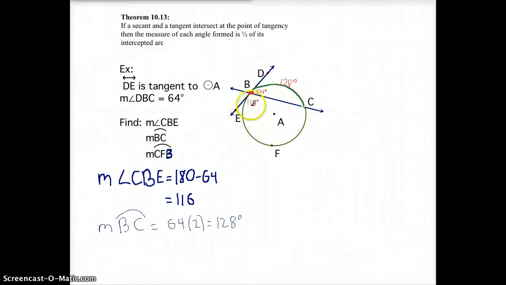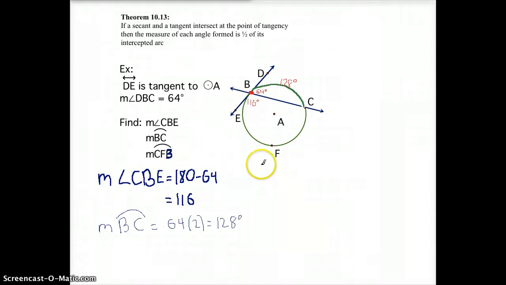One, I could use the angle 116 that I just found and then do exactly what we did with the 64 and the 128. Because my theorem says the angle should be half of the arc, then I know that the arc should be twice as much as the angle.